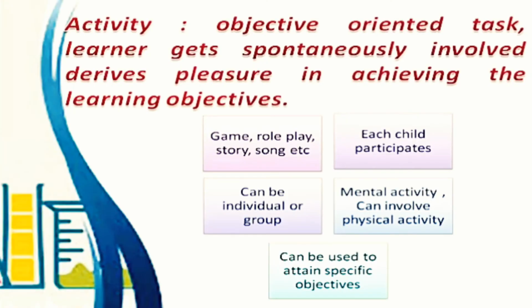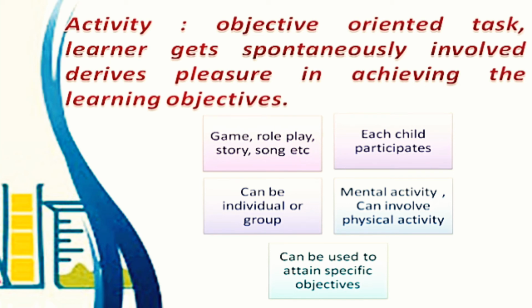Activity is an objective-oriented task where the learner gets spontaneously involved and derives pleasure in achieving the learning objectives. There are various types of activities that can be done in the classroom. Some of the examples are games, role plays, stories, songs, or making a movie like we just discussed.